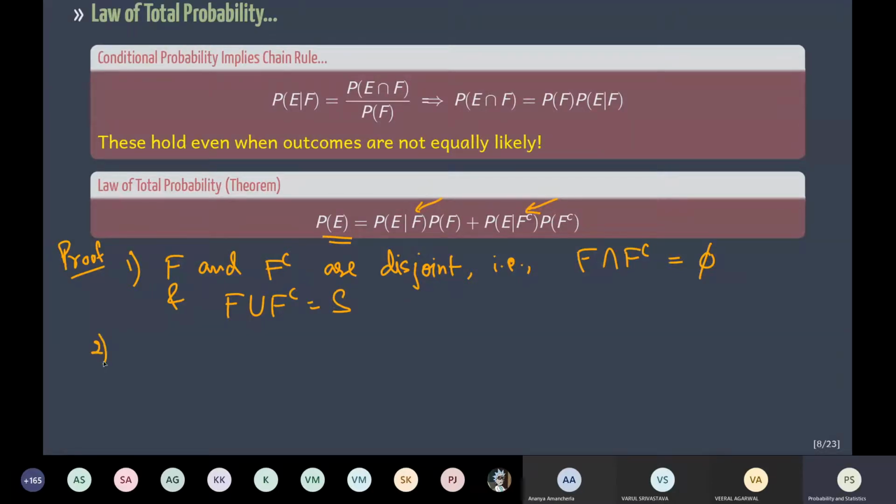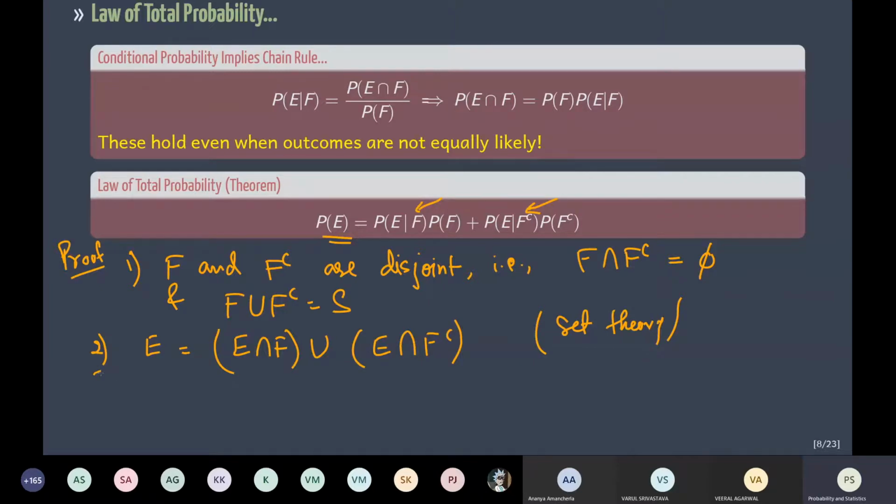The second step in the proof is that I can write E, and that is where the intuition plays the role, as E intersection F union E intersection F complement. That's just set theory; for any E and F, this result holds.